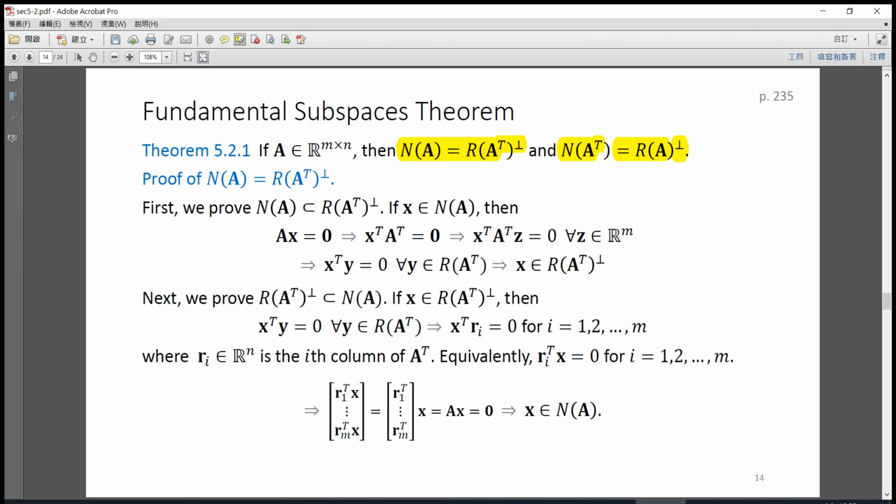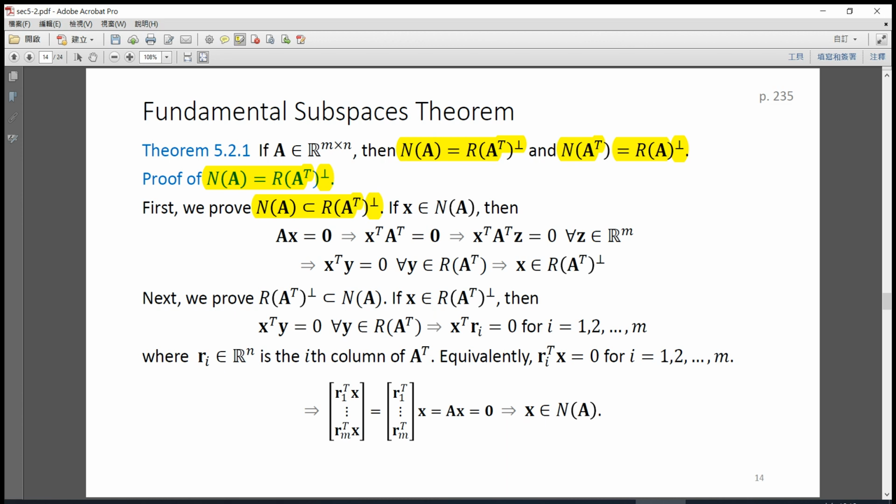We only prove the first equality, because if the first equality is true, then we can replace A with A transpose and obtain the second equality. To prove the first equality, we need to show two inclusions. The first inclusion is the null space of A is a subset of the orthogonal complement of the range space of A transpose.